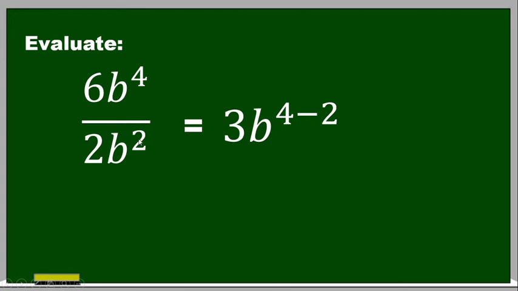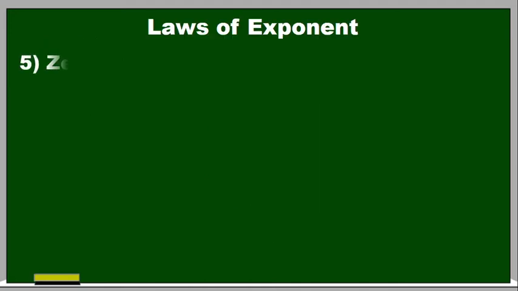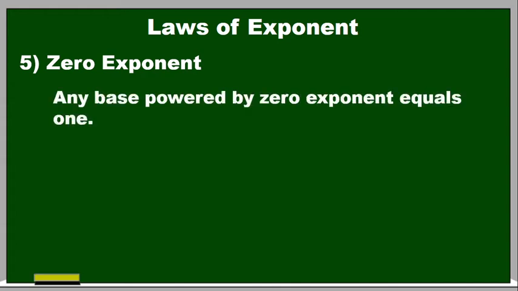You subtract, starting with the exponent of the numerator subtracted by the exponent of the denominator. So 4 minus 2, and that gives 3b squared.